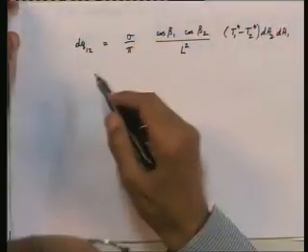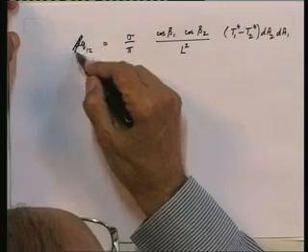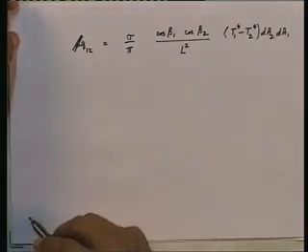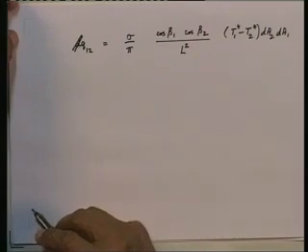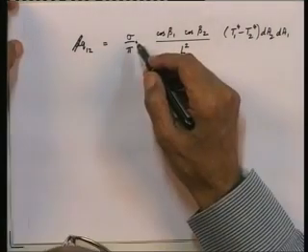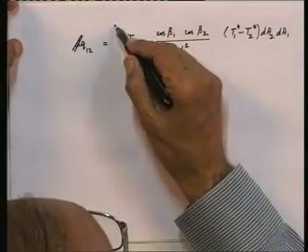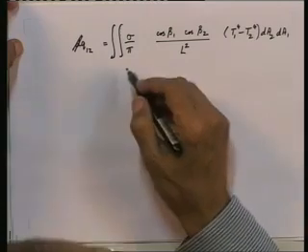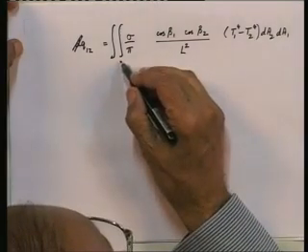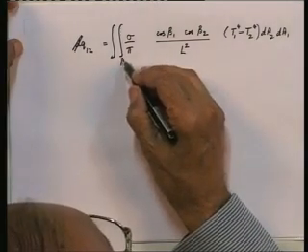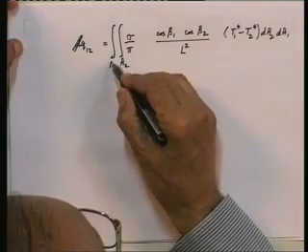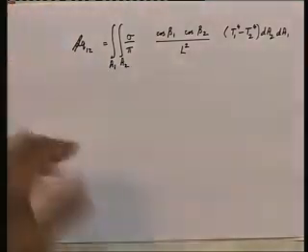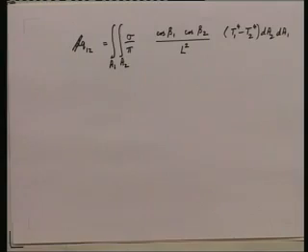If I want Q1 to 2, let me cancel out the d on this side. If I want Q1 to 2, that is the heat exchanged by radiation between A1 and A2, I will integrate this expression twice over the area A1 and A2. All right, that is what we will do and that is our expression for Q1 to 2.